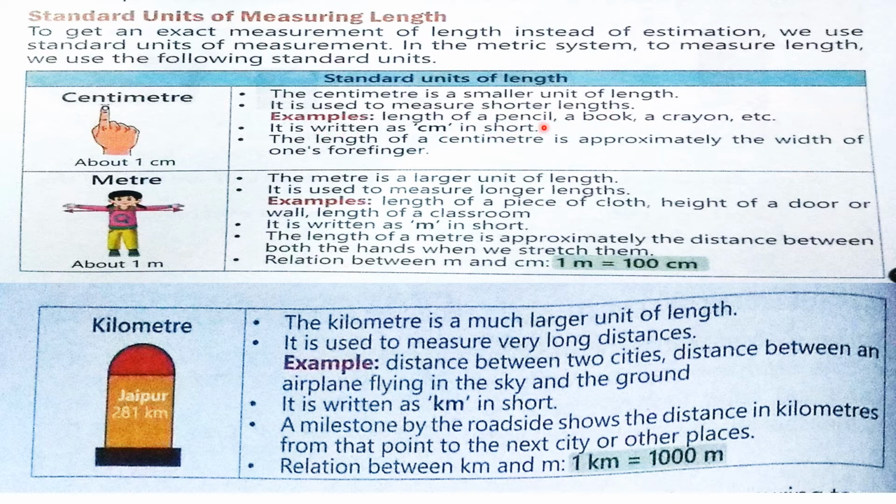Example, length of a pencil, book, your crayons, etc. These small things we measure in centimeter with the help of your scale. And the length of a centimeter is approximately the width of one's forefinger, the first finger. See, this is approximate, not accurate.